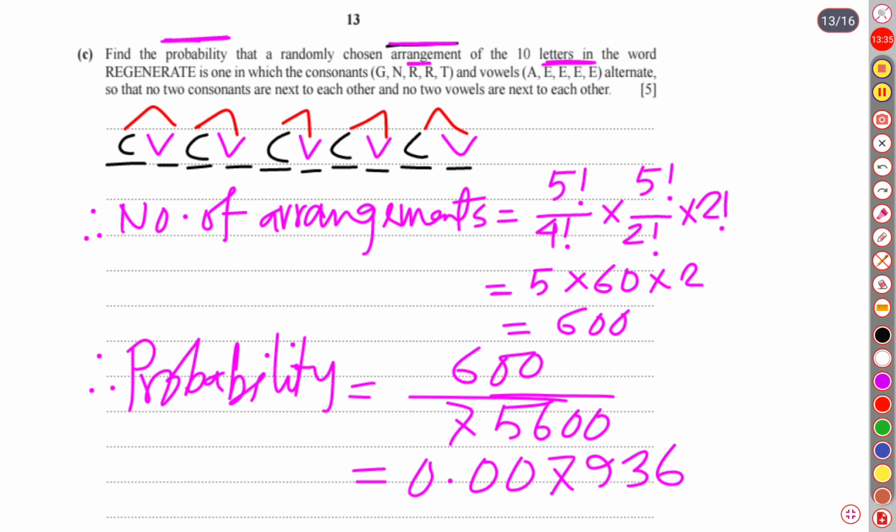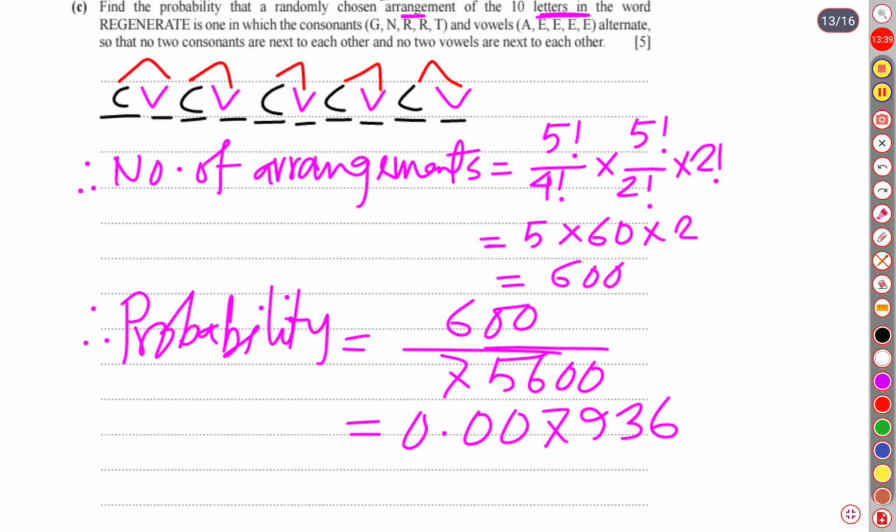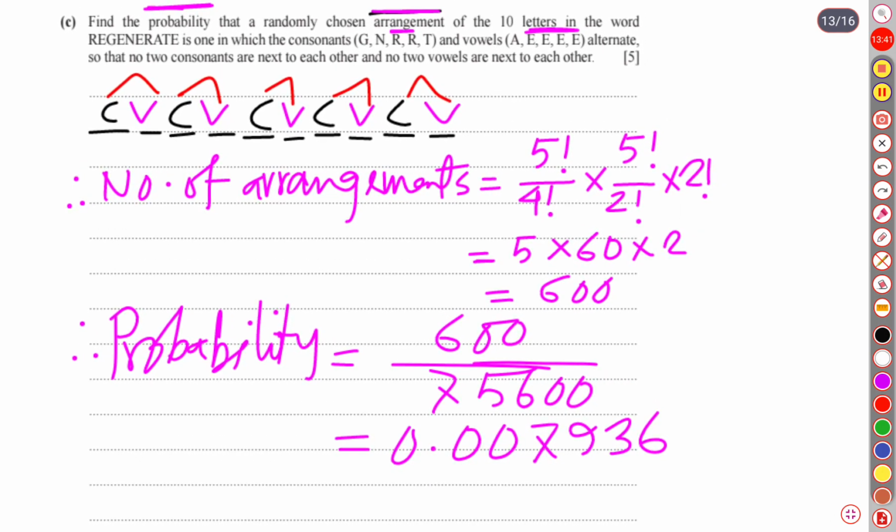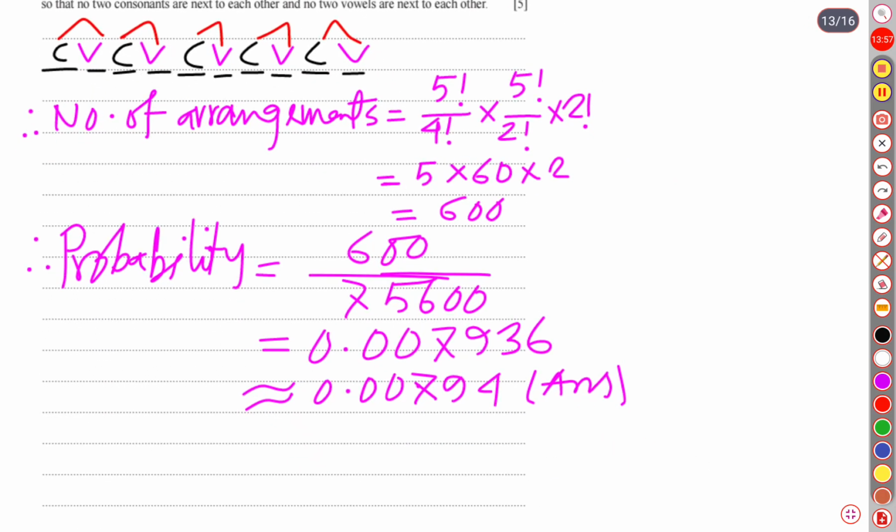If we round it up to three significant figures, it tends to 0.00794. So this is what the probability of this question is.